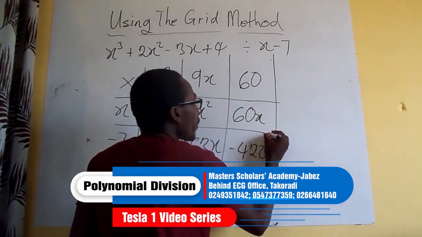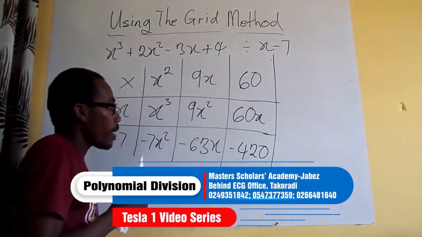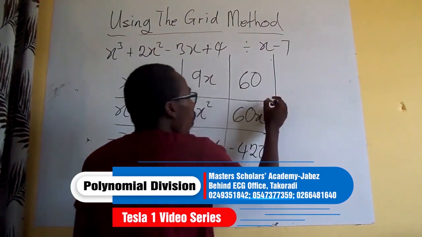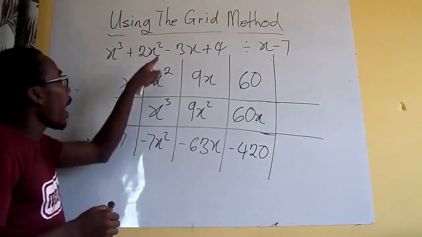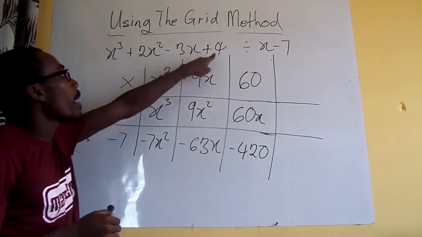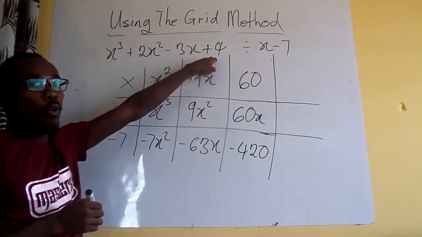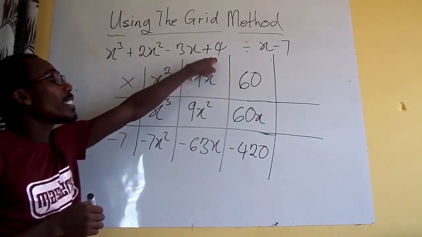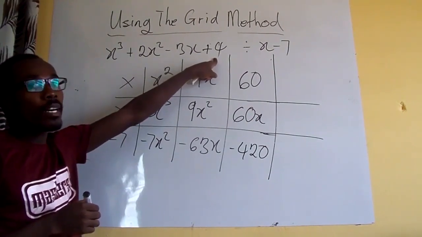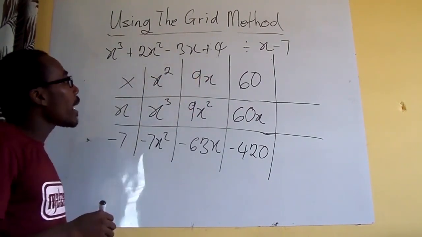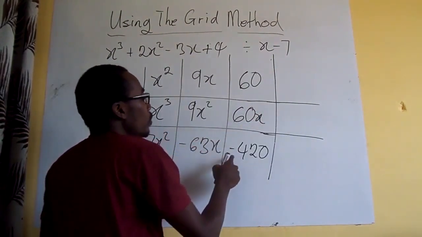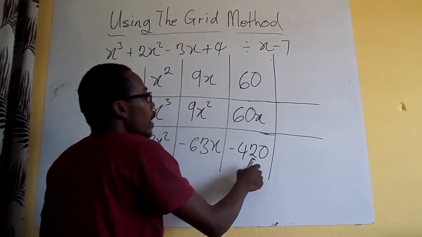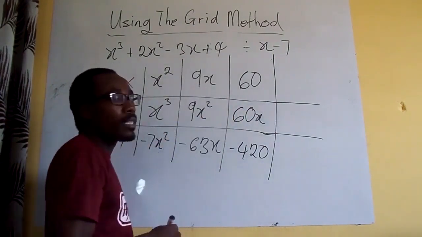Okay. Now someone will say you can go on. We are not done, because after minus 3x we have 4, which is the constant of the polynomial. And so what number should we add to this minus 420 to give us the positive 4 that we see?